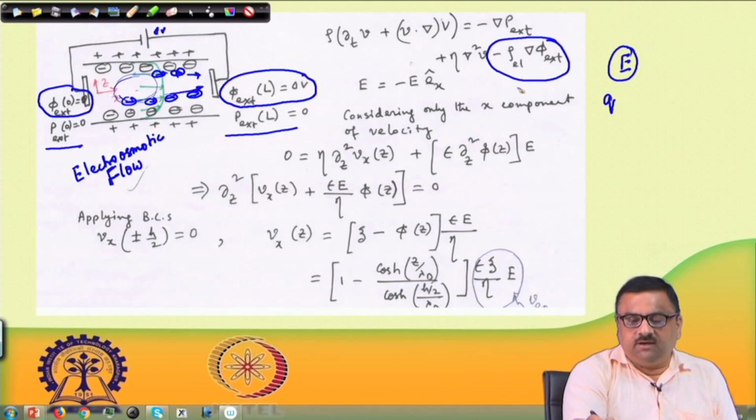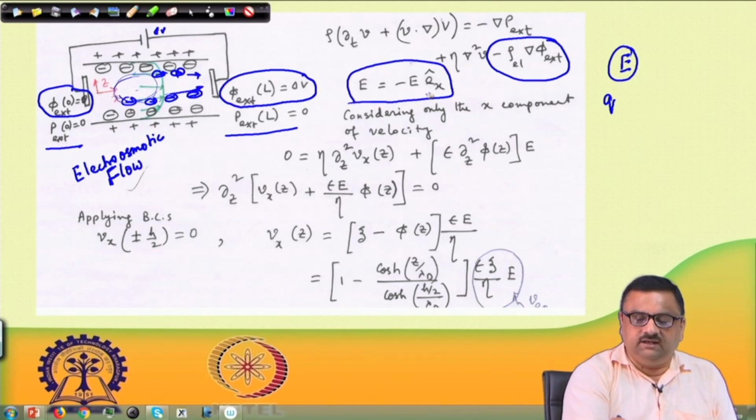By considering this additional term and treating E as having only an Ex hat component, that is the only one; this electric field does not exist in the Ey hat or Ez hat direction.